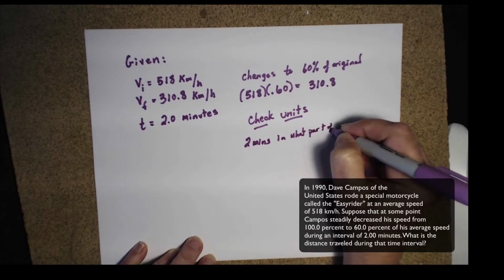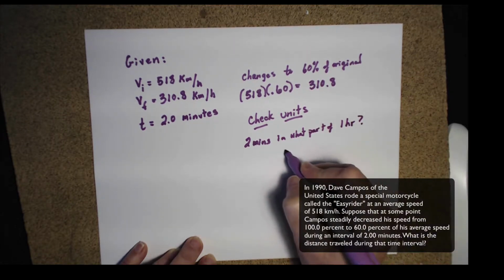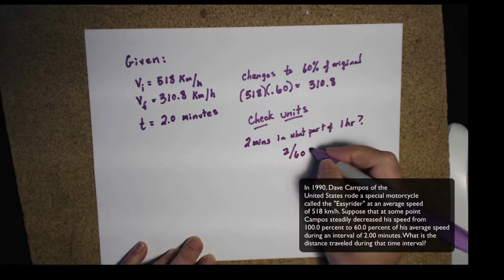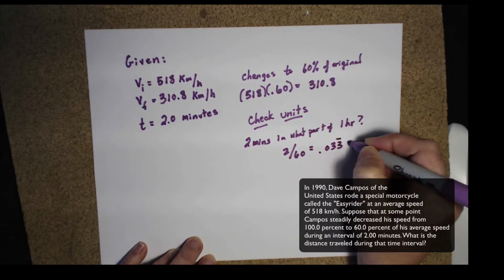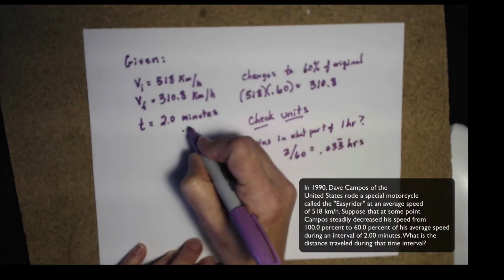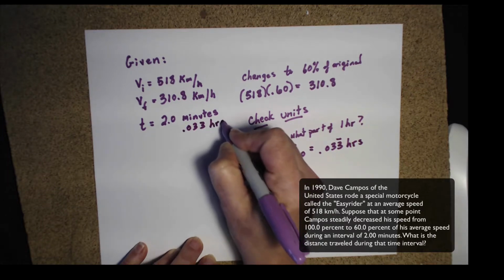So we have to ask ourselves, do we want to convert to hours or do we want to convert to minutes? I think hours would be easier here. 2 minutes divided by 60 minutes gives us a value of 0.033 hours. So 2 minutes is equal to 0.033 hours.